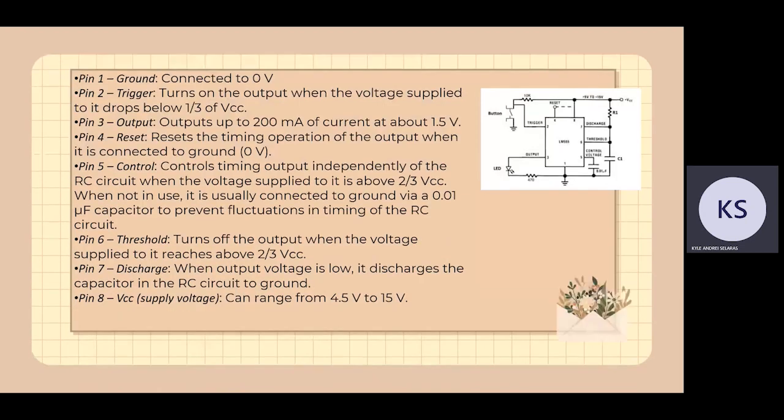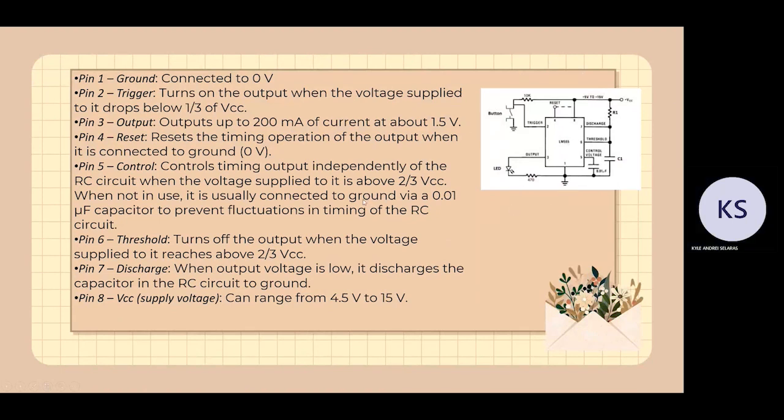So, next slide. Here is a diagram of our monostable operation. Here are the pins of our 555 timer. Pin 1 is the ground, connected to 0 volts. Pin 2, the trigger pin, turns on the output when the voltage supplied to it drops below one-third of VCC.